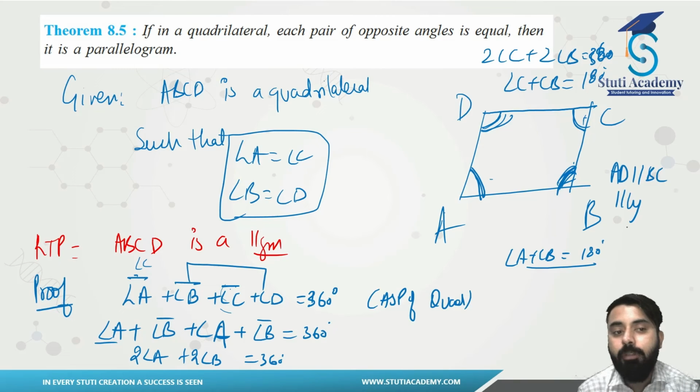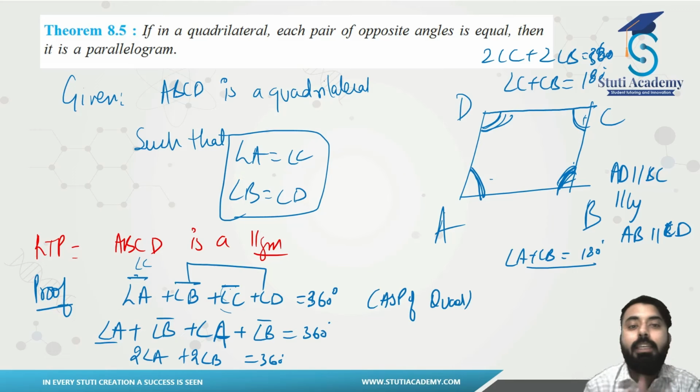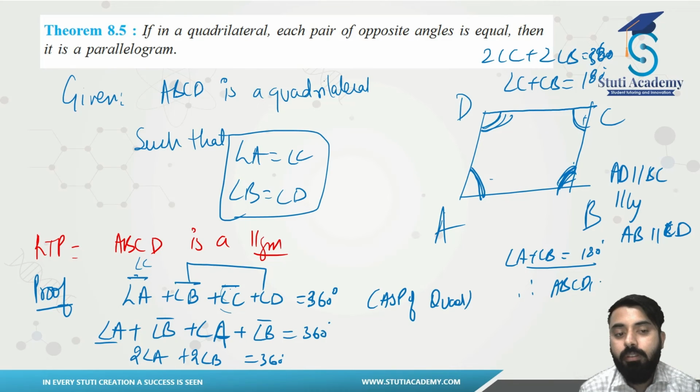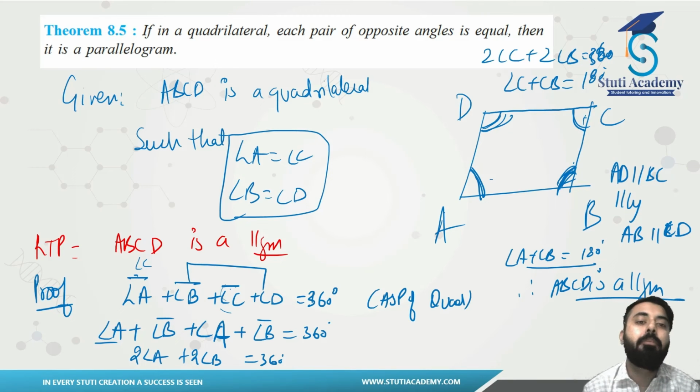Then AB will be parallel to CD. And you guys see, a pair of opposite sides are parallel twice. That means both pairs of opposite sides are parallel. Then you can say, therefore ABCD is a parallelogram. That is the main and the simplest proof that you can use in order to prove it.